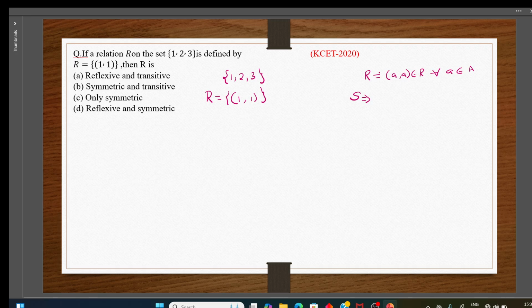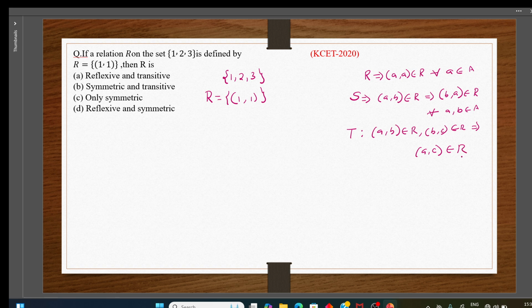Symmetric means if (a, b) belongs to R, it implies (b, a) belongs to R, for all a, b belonging to set A. Now what is transitive? Transitive means if (a, b) belongs to R and (b, c) belongs to R, it implies (a, c) belongs to R, for all a, b, c. These are the conditions of reflexive, symmetric, and transitive.